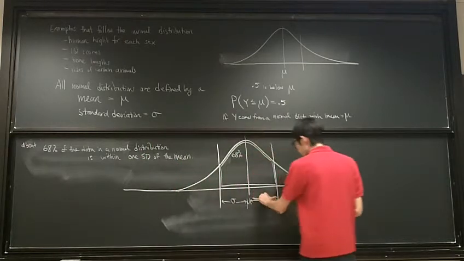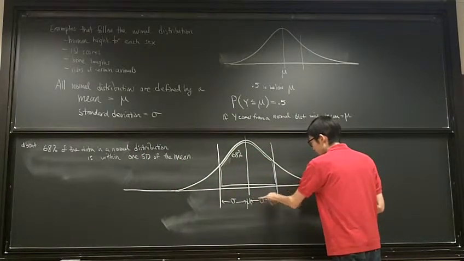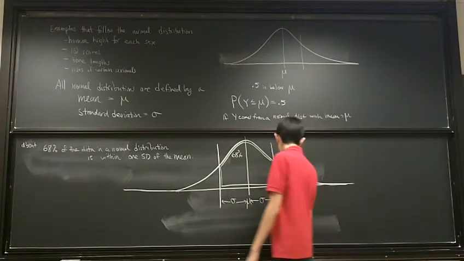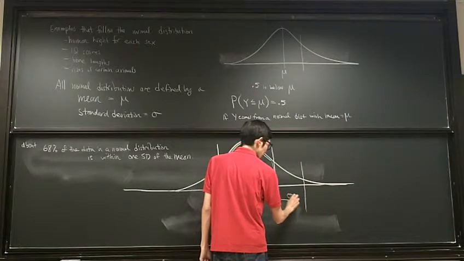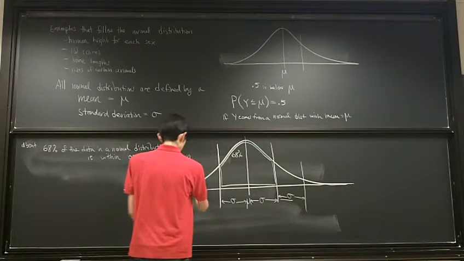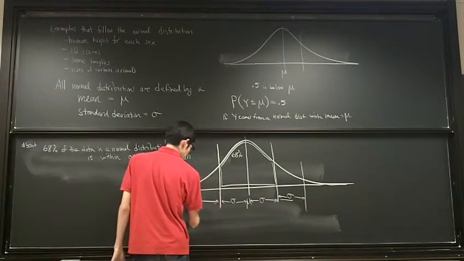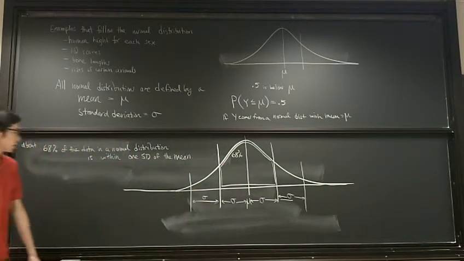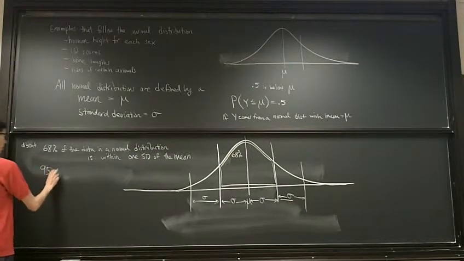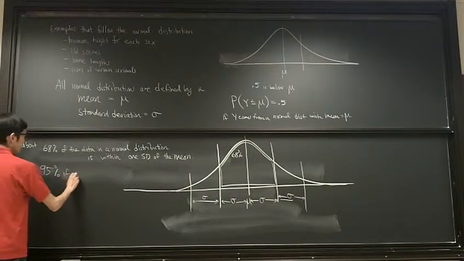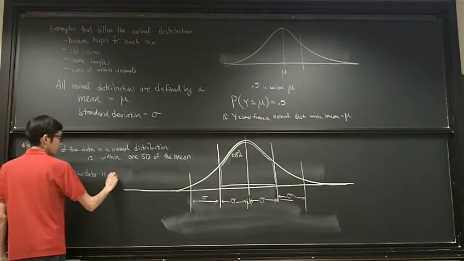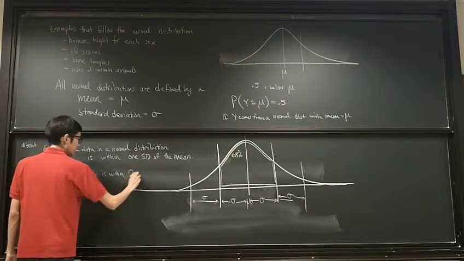If I take this distance, sigma, and I go out again, so I'm 2 standard deviations out, so now I'm 2 standard deviations away from the mean, I have about 95% of the data within 2 standard deviations.